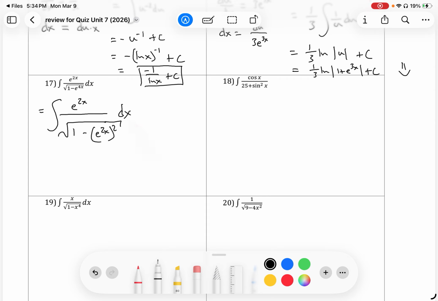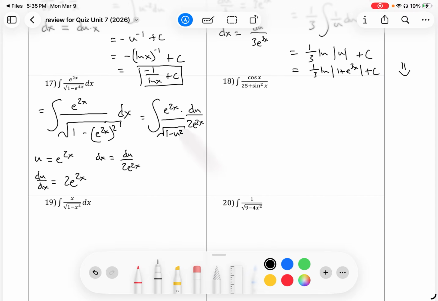So I'll let u be e to the 2x. That means du dx is 2e to the 2x, which means that dx is du over 2e to the 2x. So plugging things in, I get e to the 2x times du over 2e to the 2x, and that's over the square root of 1 minus u squared.